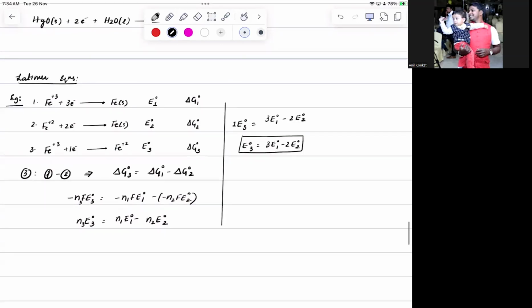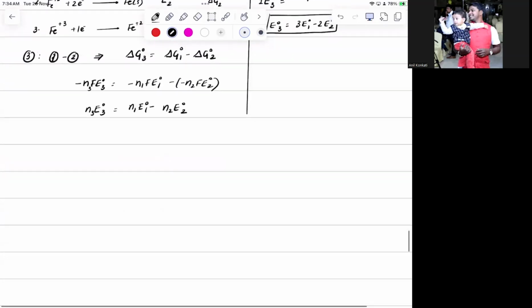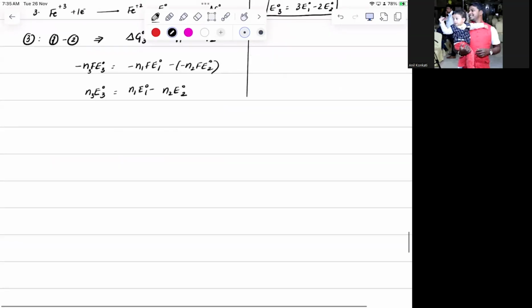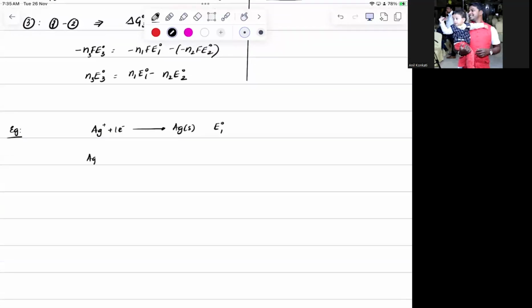In a similar manner, when you have a sparingly soluble salt, how do we relate this? See, another example here. Suppose I have Ag plus plus one electron giving Ag, and let this be E naught 1, and AgCl plus one electron giving Ag solid plus Cl minus aqueous, and let this be E naught 2.